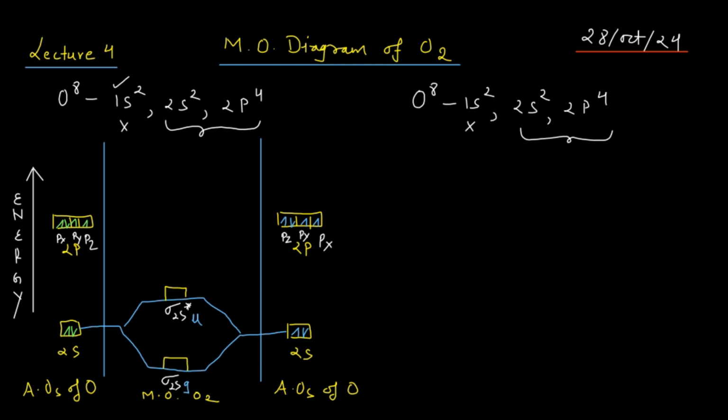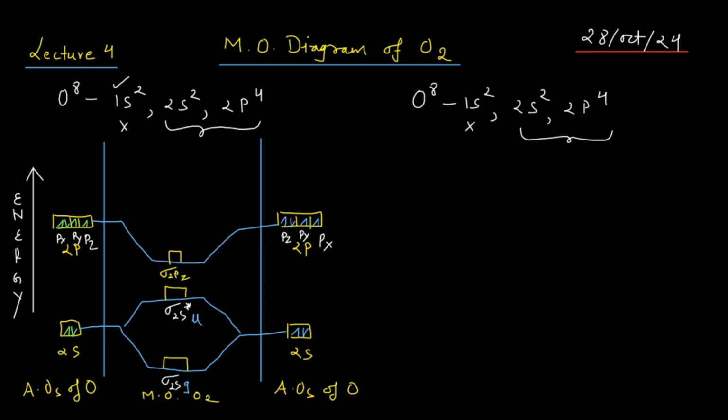Okay, and then these are your 2p orbitals, so they will combine and after combination they will form these molecular orbitals. And for the oxygen atom especially, you should remember a very important thing about the energy of the 2p orbital, the energy of the sigma, right here, this is where I can write sigma 2pz.